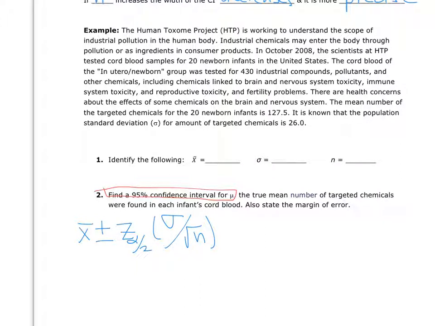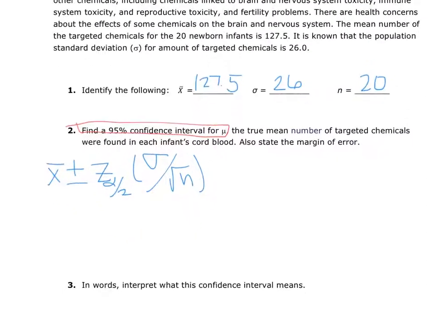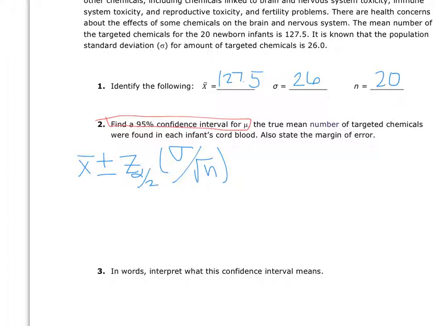So our X bar is 127.5, from the sample of 20. We're wanting to estimate for the whole population of newborns. Sigma is known: the population standard deviation sigma is 26. And our sample size is 20. The other piece we need is the z-score. Well, we have a 95% confidence interval, so that's always going to be 1.96.